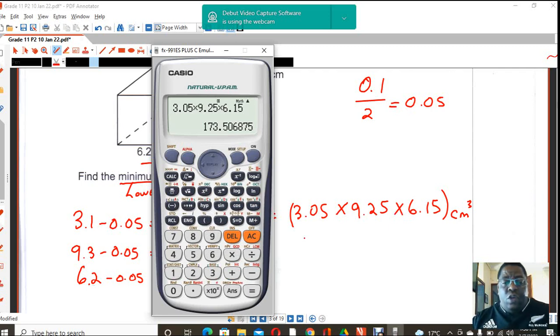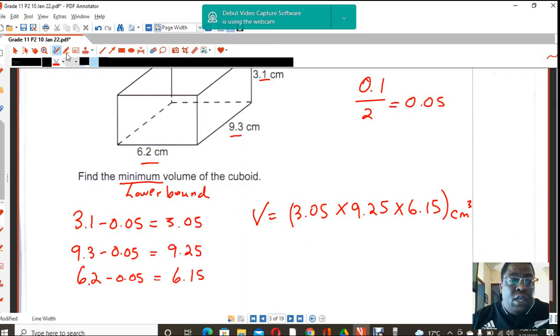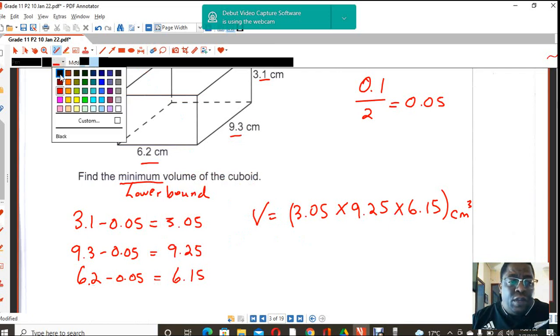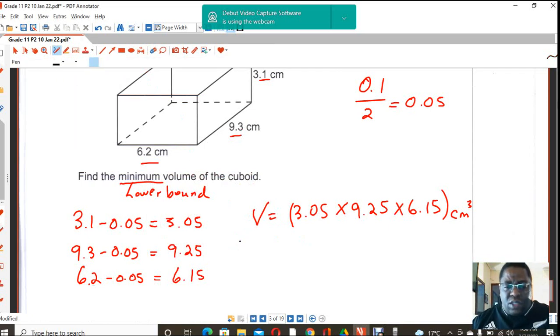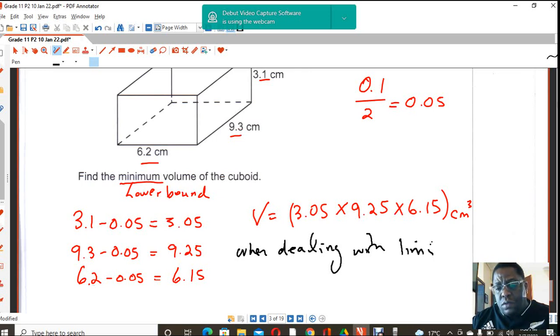When working with questions involving Venn diagrams, not Venn diagrams, my goodness gracious, when dealing with limits of accuracy. The pen is misbehaving.